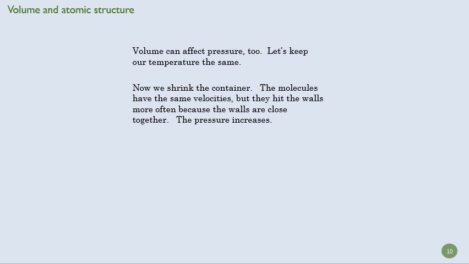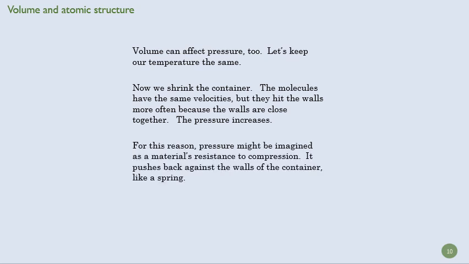There's not a lot of space for them to move around, and so they're going to bang into the walls more often, and that increases the pressure too. So even if we keep the temperature the same, if we shrink the amount of volume that those molecules can move around in, then we're going to increase the pressure of the gas.